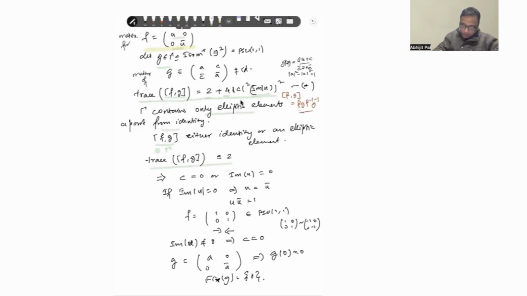Now you come to this equation again. Here the left hand side is less than or equal to 2.